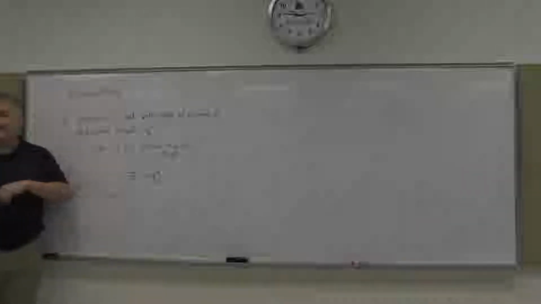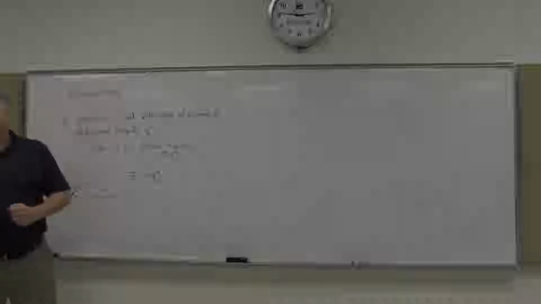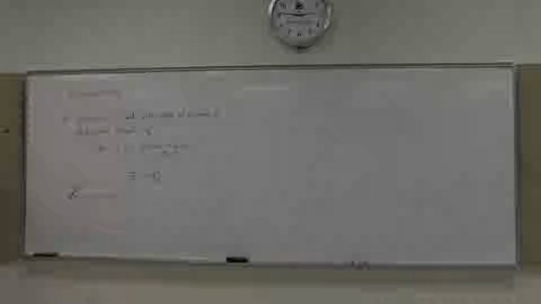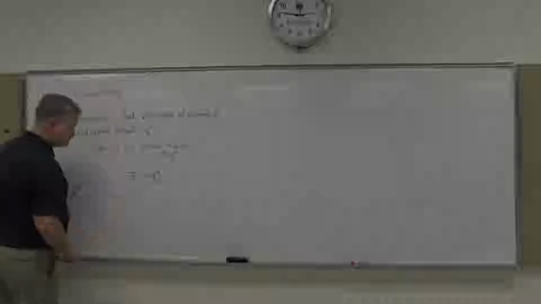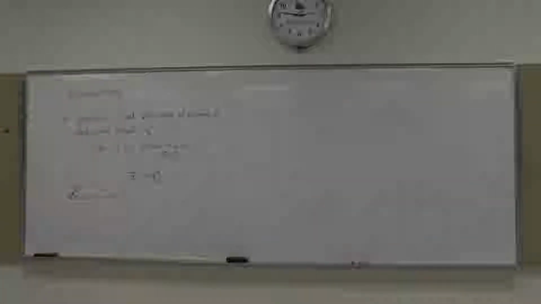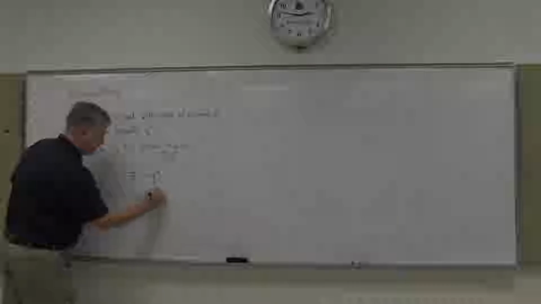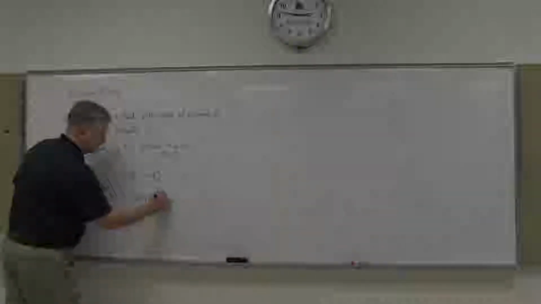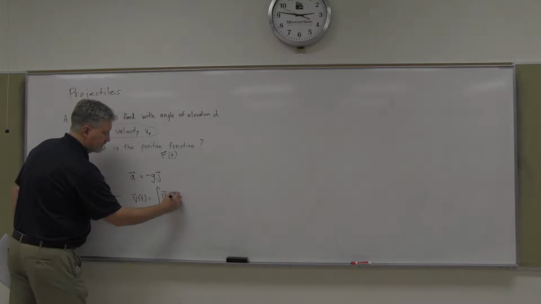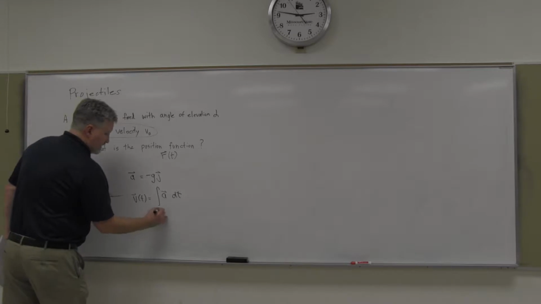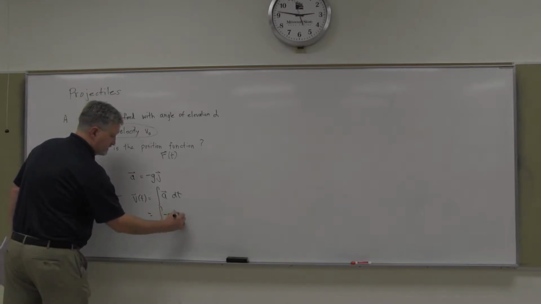So this is like a problem we just talked about. We've got the acceleration here, and so we can build our way up to the position. Where do we go from there? Well, the velocity vector we can get by doing the integral of a, so the integral of negative g j dt.